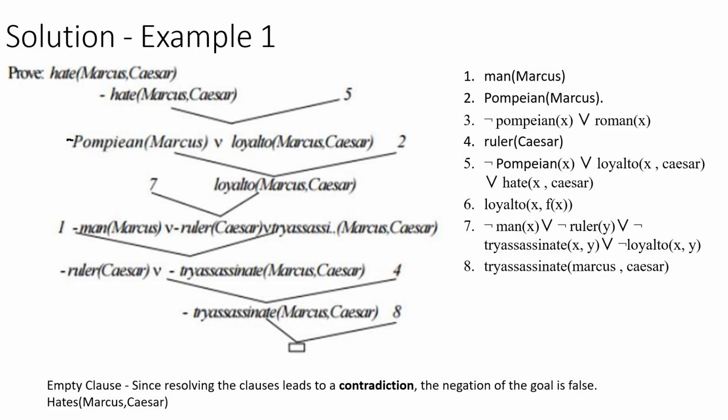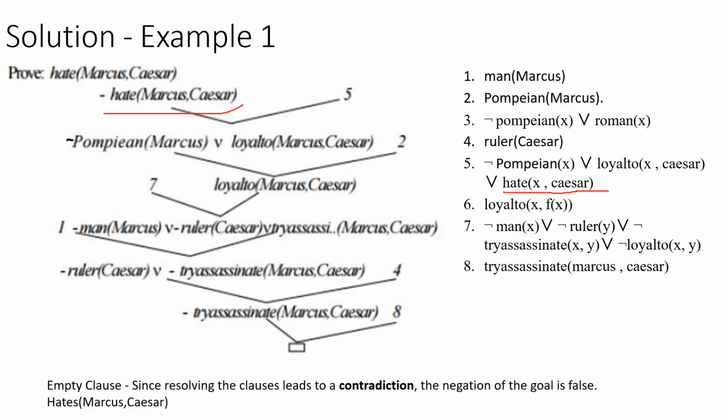So we will see the resolution graph. Here we are starting with the negation of our goal state, that is not hate Marcus comma Caesar. We will check with our clauses whether it matches with any of the clauses. So here we will go through each clause one by one, and there is a fifth clause. There you can see here we have not hate Marcus comma Caesar, and here we have hate x comma Caesar. So if we apply unification, then we can solve it.